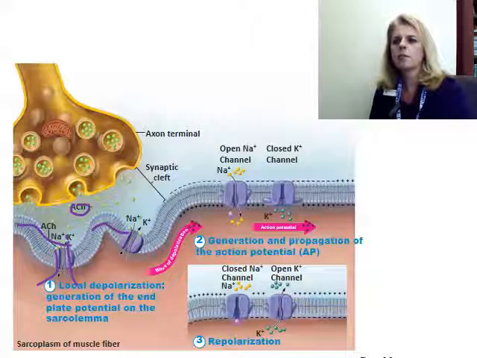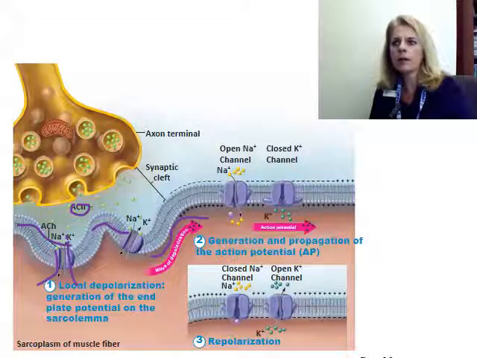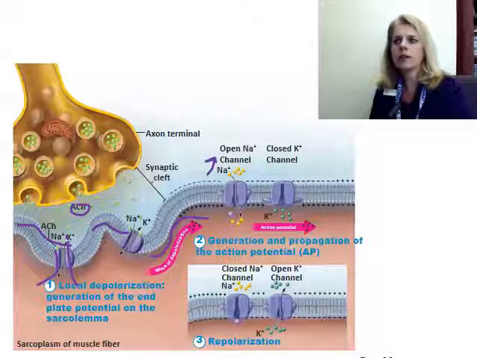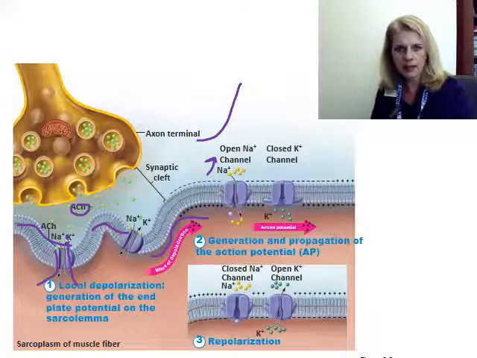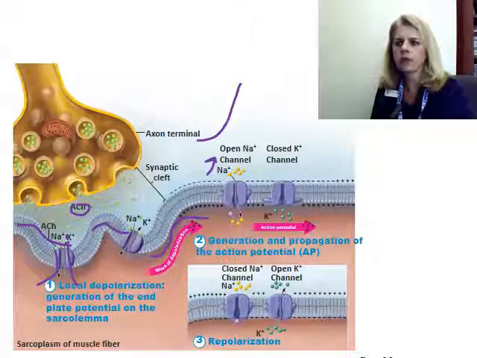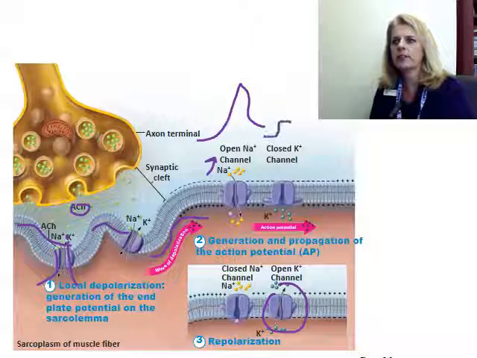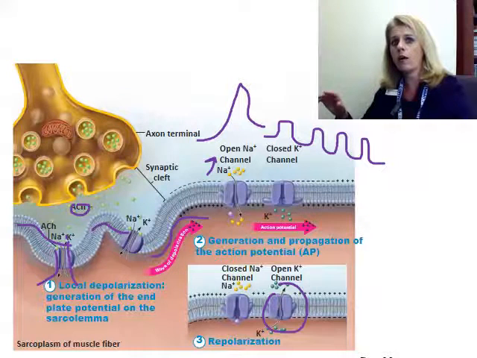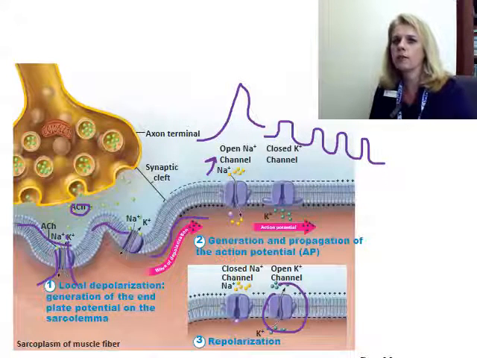As this wave of depolarization moves down the cell membrane, more sodium channels open, allowing more depolarization. And then, just like in the neuron, some potassium channels will open, and you'll get repolarization. And then you'll see the action potential propagate all along the sarcolemma of the muscle cell.